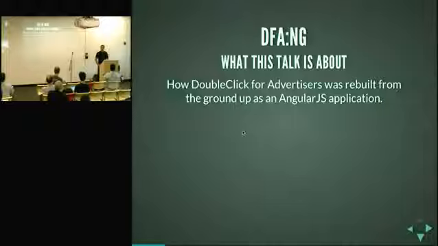We were tasked about 18 months ago with rewriting from scratch this product called DFA for Advertisers and bringing it into a technology set that made a whole lot more sense within Google. Essentially, this talk is about our experience, about what this product is, what were some of the issues we faced and some of the design decisions we made, and I'll talk a little bit more about just how we have delivered this product.